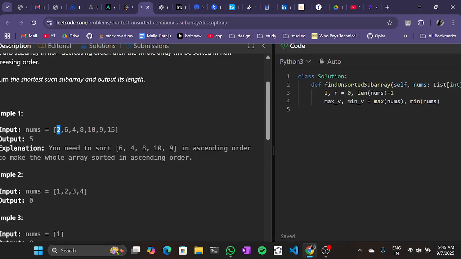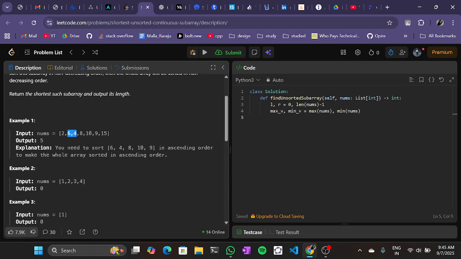And here 2 is fine with 6, but 6 is not fine with 4. This length of one.